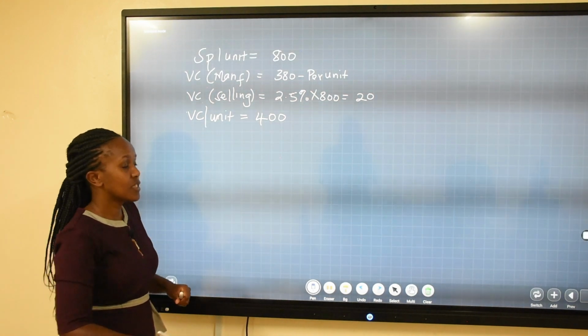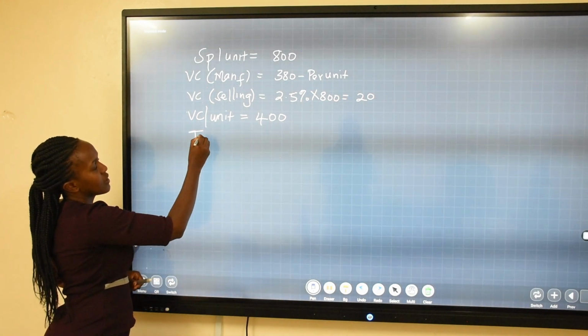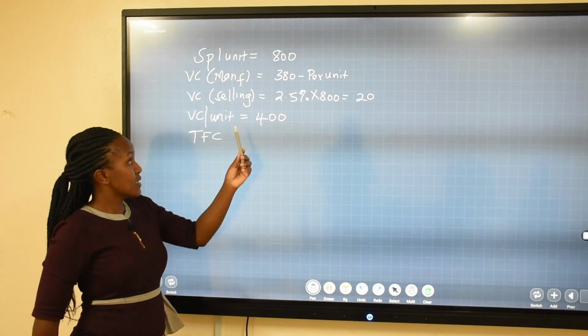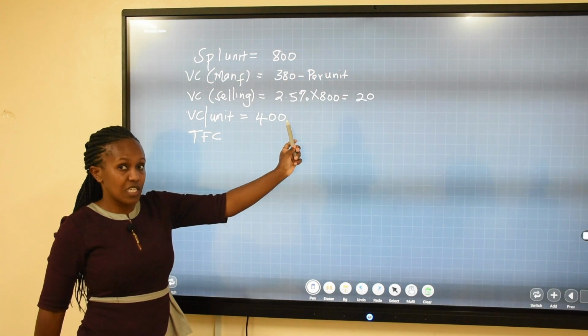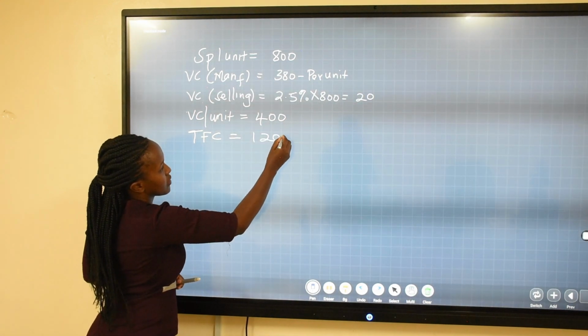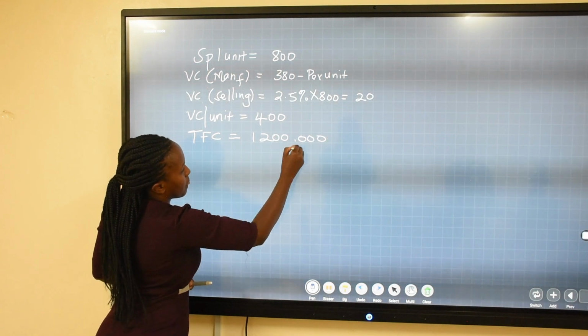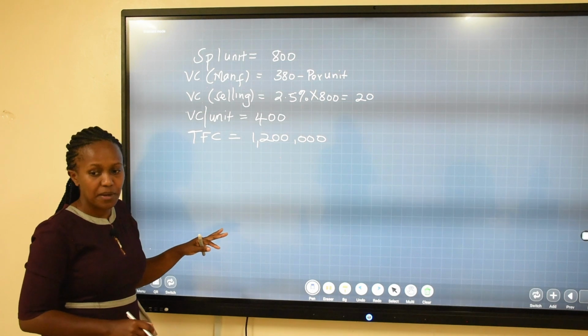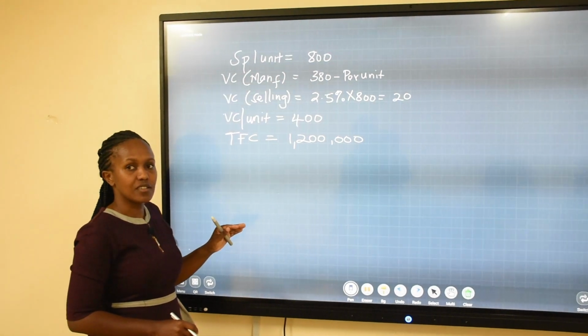That is the total variable cost per unit. Finally, you have total fixed cost, which you have been told is 1.2 million. So this is just a brief summary of our question.